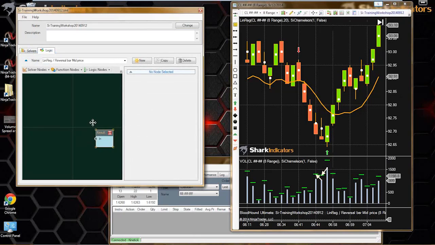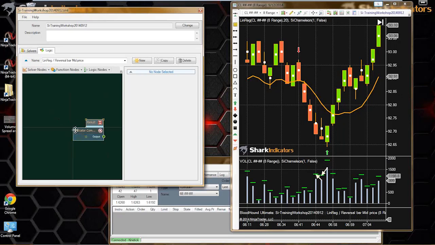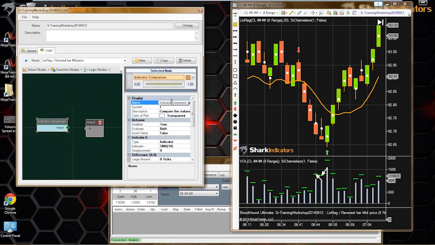Alright, so we're going to compare the linear regression to the midpoint price. So once again, let's use a comparison solver. Let me read here again. Okay, so we want the linear regression above the midpoint for a reversal up bar.